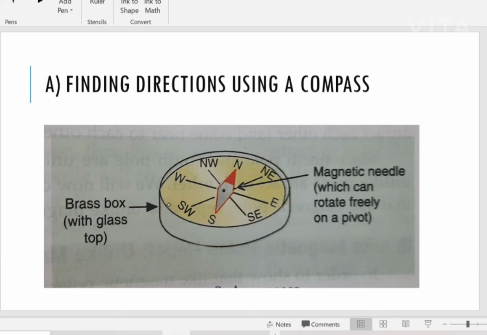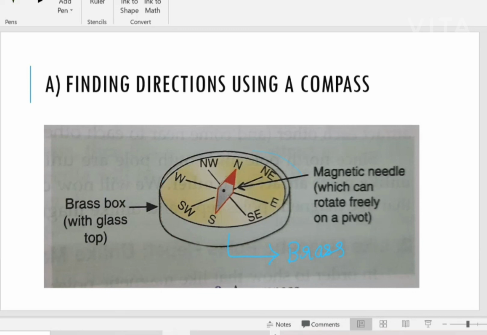The base of this compass is made up of an alloy of copper, that is brass. On the top you have a glass covering. So the top part is glass and the base part is brass.